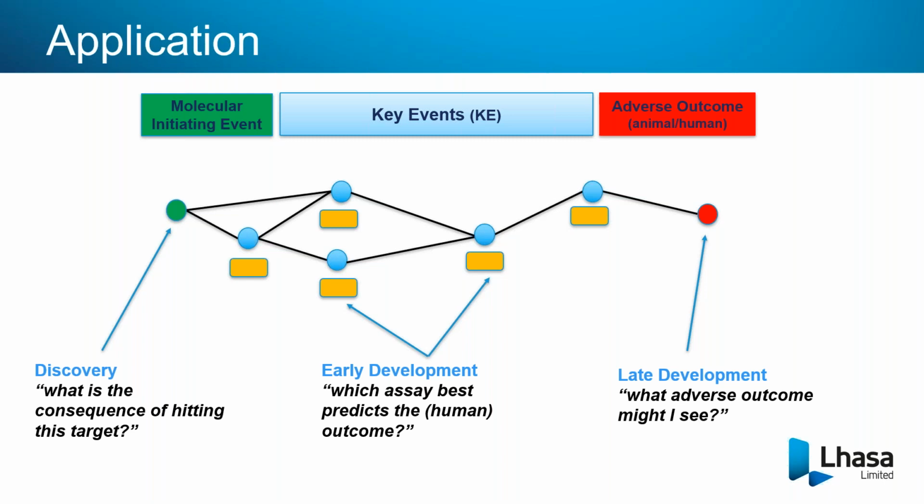This helps aid the decision on prioritizing or dropping certain leads. In early development, you may have more evidence, and you want to gather more to increase confidence in the decision. The AOP may help the user to understand which assays would be most predictive or informative to increase confidence in the prediction, and use this to make decisions about a chemical.